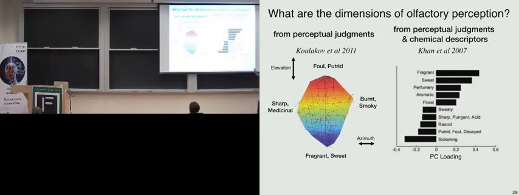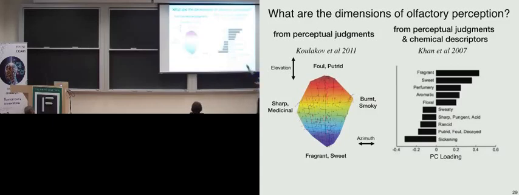For example, if you present a set of odorants to a human, odorants can be described in a very high-dimensional chemical feature space, but the human will only tell you up to 7 or 8 different descriptions from their own perceptual space. So the perception of odorants is much lower dimensional compared with the dimensionality of the odorants themselves.